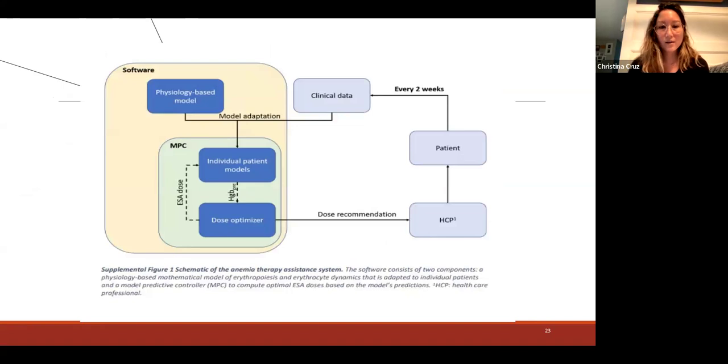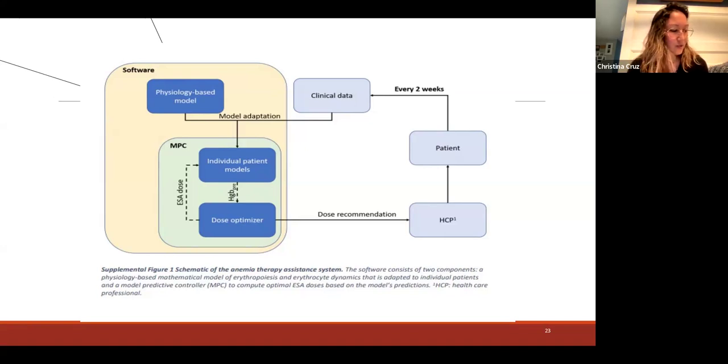So this schematic is the anemia therapy assisted system. And there's a lot to go into the explanation of the system, but I just wanted to point out some innovations of this anemia management method. And one of the innovations was that it combined a generic physiological-based mathematical model that described the physiology of erythropoiesis and RBC biology.